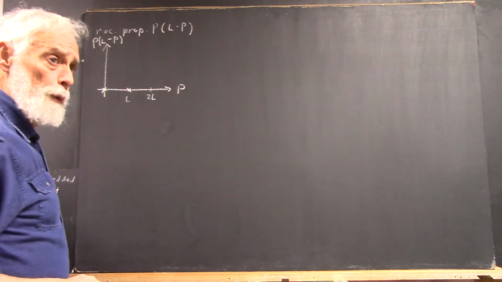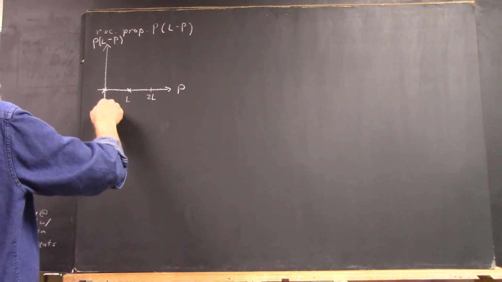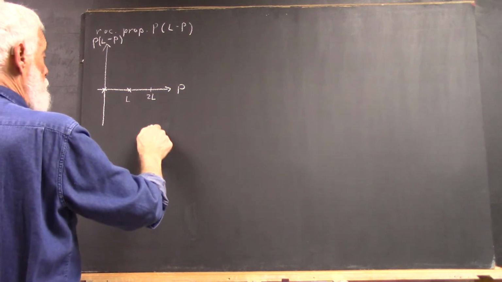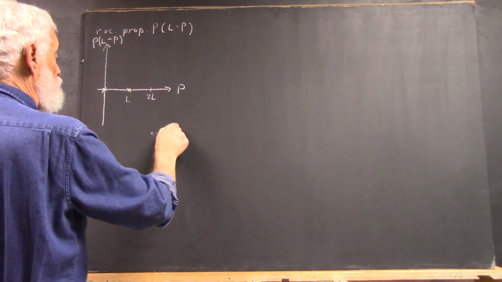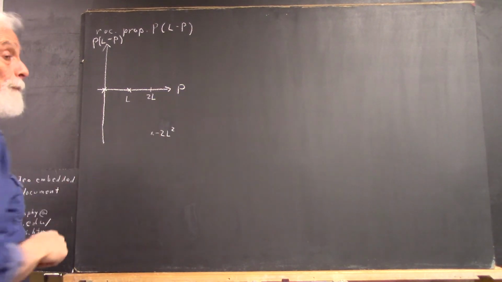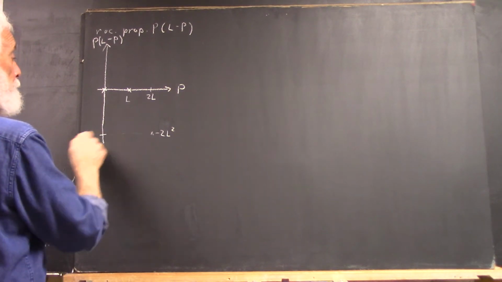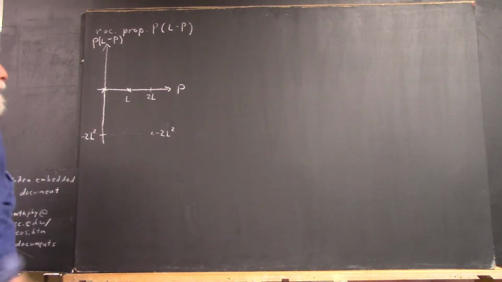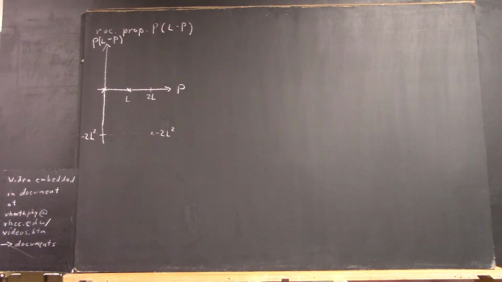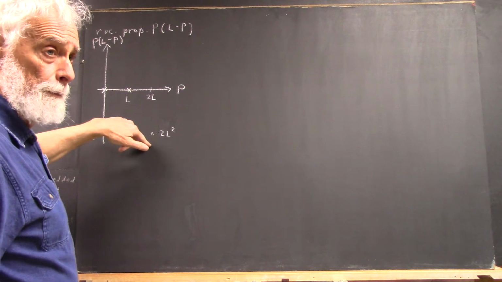We don't know exactly where that's going to be because we don't yet have a relative scale here. But let's just put it here. Okay? So now we do have a scale. This is negative 2L squared, right? So the graph then has to go through this point and this point.